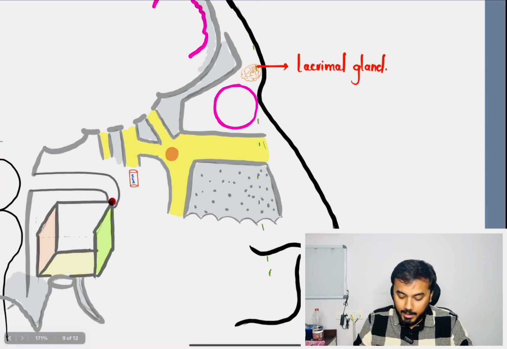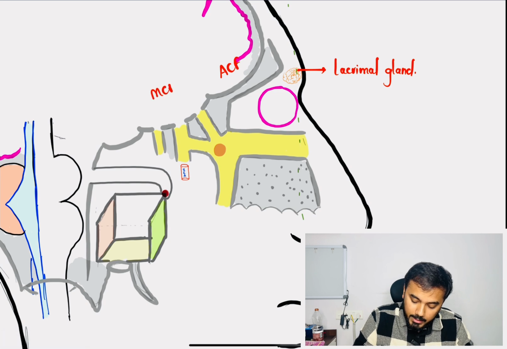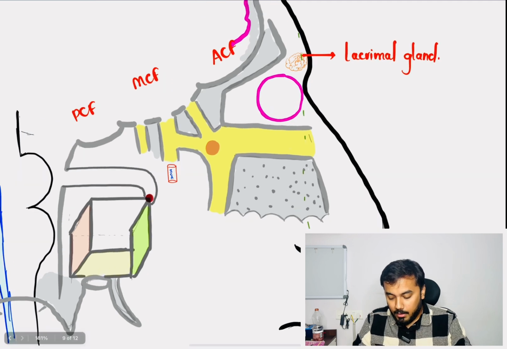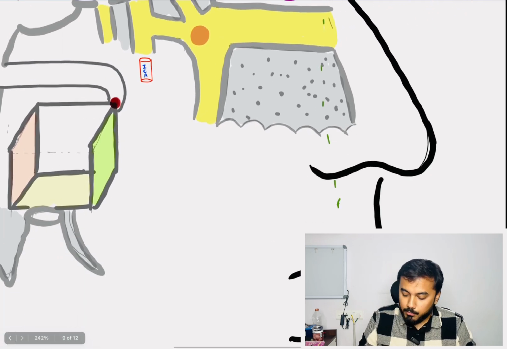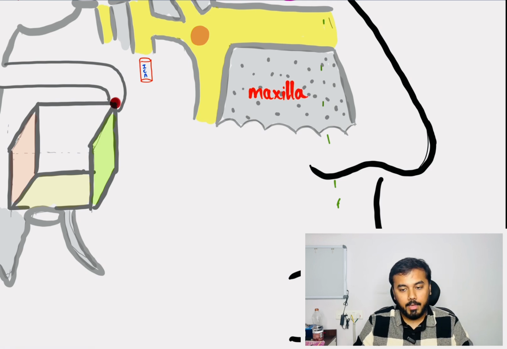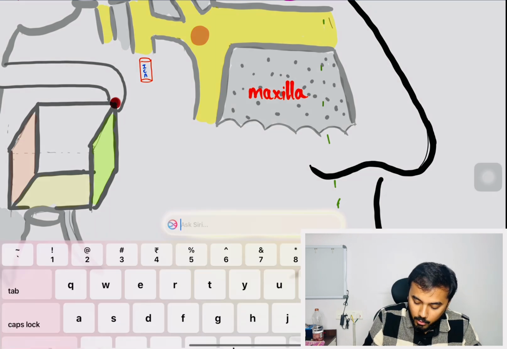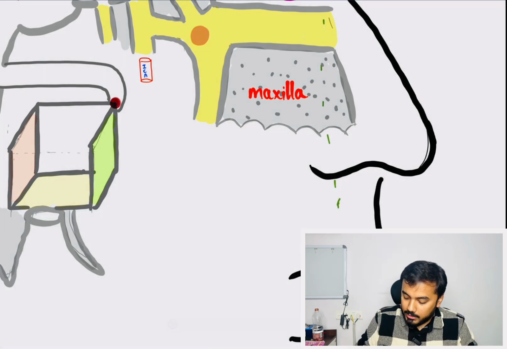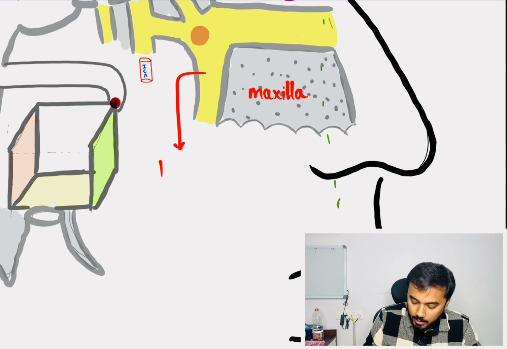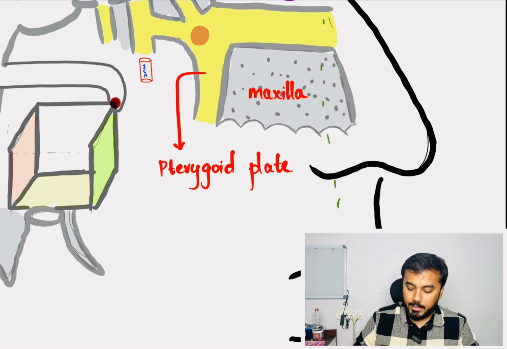Okay, and here we have the anterior cranial fossa, and this is the middle cranial fossa, and this is the posterior cranial fossa. Clear? Now within this, what is this bone over here? This is your maxilla. Okay, this is your maxilla, and all of you know behind the maxilla you have a plate. Guys, tell me, what is this plate? This plate is called your pterygoid plate. Okay, and between the maxilla and the pterygoid plate, see, this is the maxilla and this is the pterygoid plate.